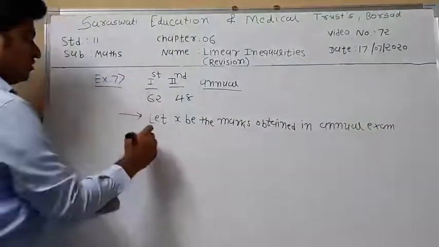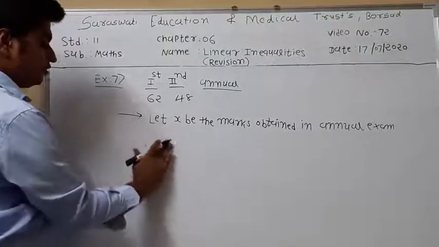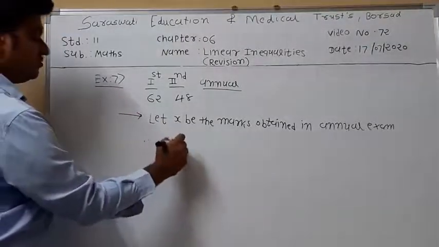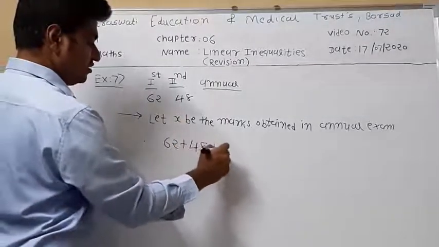Therefore, here we can write x. The first terminal mark is 62, so 62 plus 48 plus x.